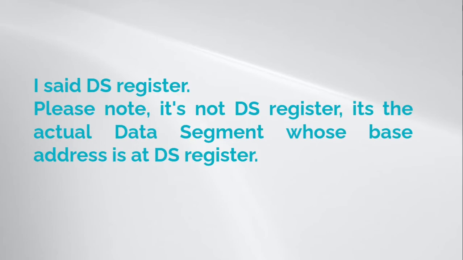The DS register is only 16 bits, whereas this data segment could be 64 kilobytes. The DS register is the data segment register in the sense that it contains the starting address of the data segment. So wherever I say DS register, please consider it a slip of tongue. I actually meant the data segment. I'm sorry for that.